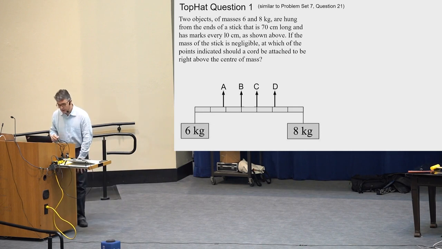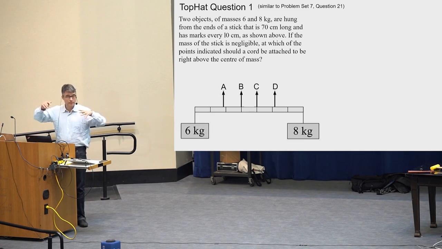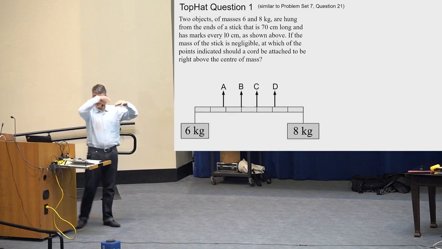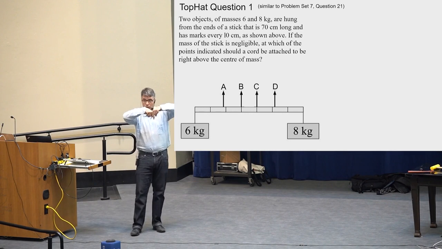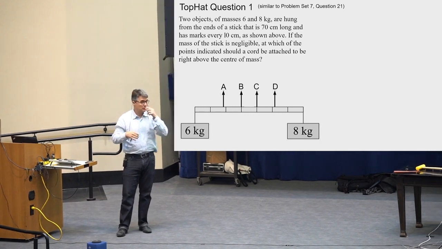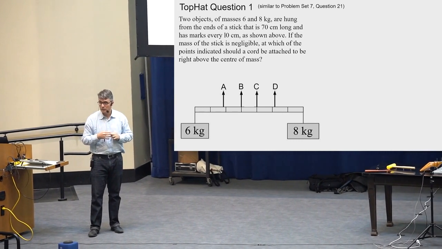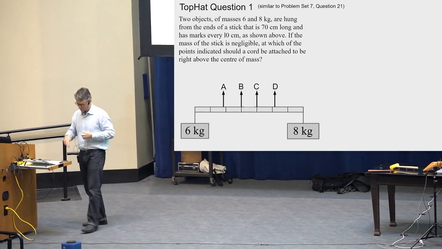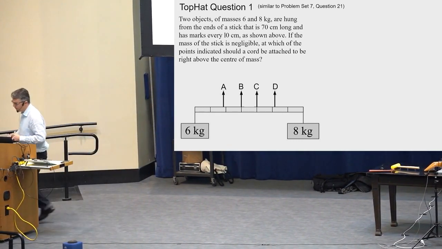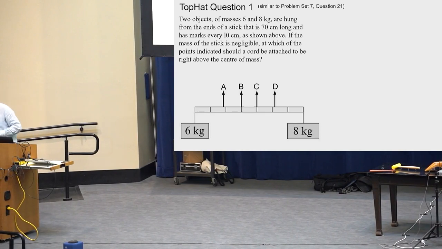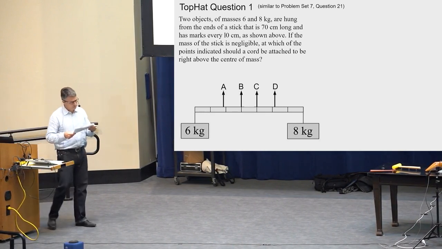If the mass of the stick is negligible, at which of the points indicated should a cord be attached to be right above the center of mass of the system? What that'll do is that the gravitational torque will be 0 around the point where the cord is attached, and then it won't rotate. So that's the reason you attach it there. See if you can figure that one out. See how I did it.